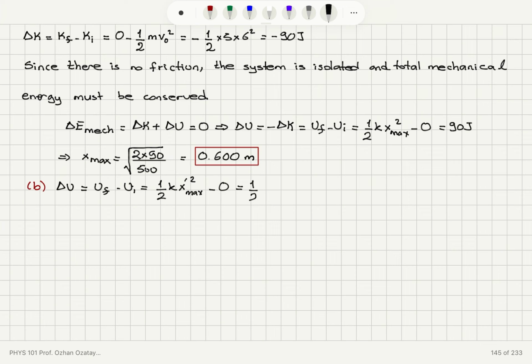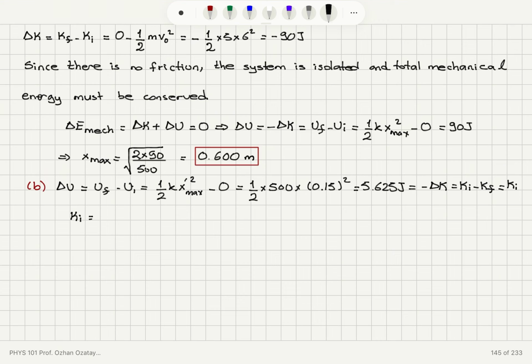So this will be 1/2 force constant 500, and we require x max to be 0.15 meters squared. So that gives us 5.625 joules. So this must be equal to minus the change in kinetic energy, which is now K initial minus K final. And K final will be 0 again, so this will be equal to K initial, because at the point of maximum compression K final will be 0.